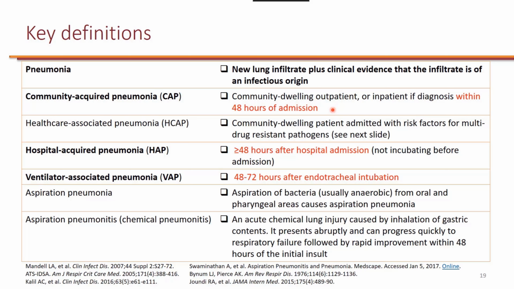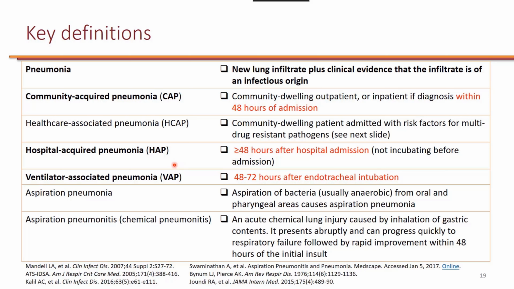So if pneumonia develops within the first 48 hours of hospitalization, that means these bacteria have already been growing. So the origin of these bacteria is the community, not the hospital. Whereas hospital-acquired pneumonia occurs beyond the 48 hours. So if the pneumonia occurs after 48 hours of hospitalization, it means that the origin of the bacteria is the hospital. It's unlikely to be from the community.